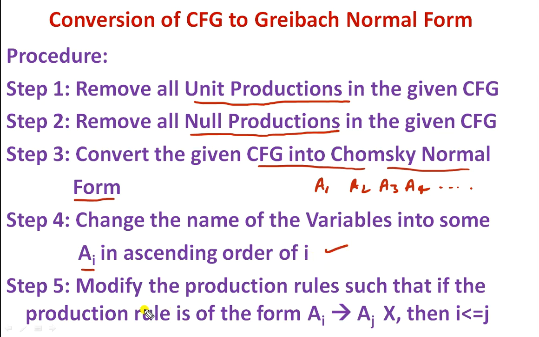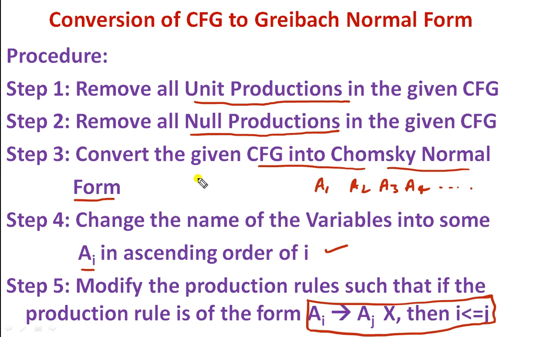Step number 5 is modify the production rules such that if the production rule is of the form Ai to Aj X, then i must be less than or equal to j. All of the production rules must follow this particular condition. So what does it mean?